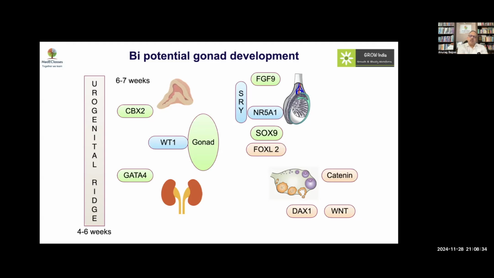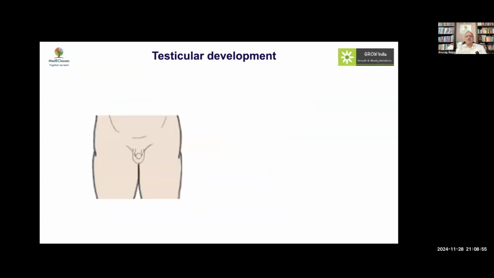If there is no WT1 or NR5A1, no gonad will develop. If there's a problem in SOX9 or FOXL2, the testis will not develop. While if you have an overexpression of DAX1 or FOXL2, the testis will regress, resulting in a 46,XY DSD. So this framework is important to understand.